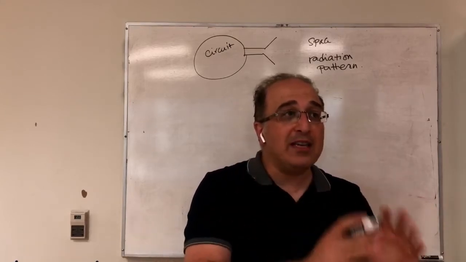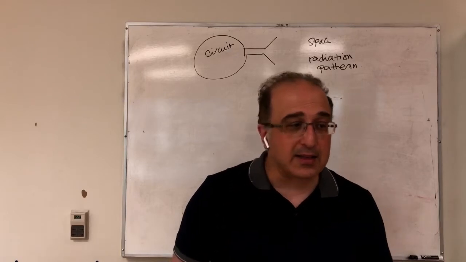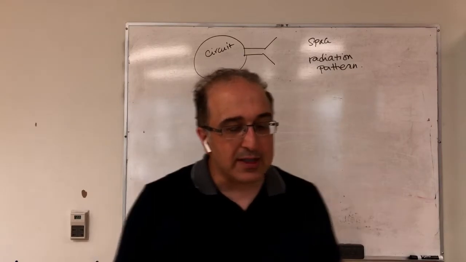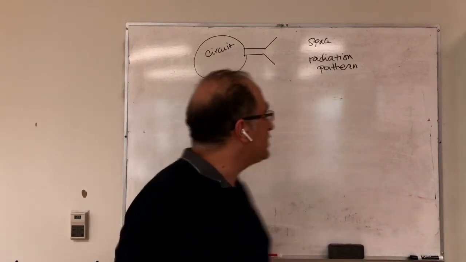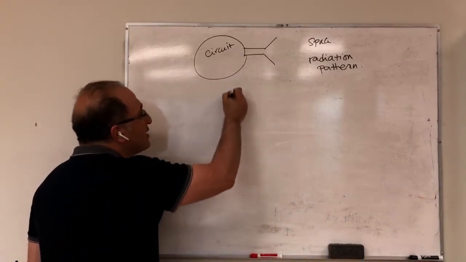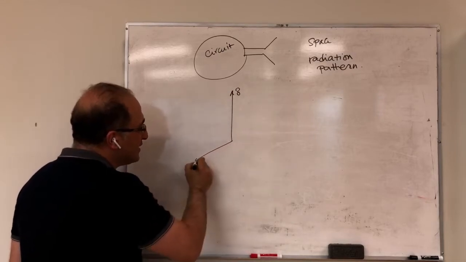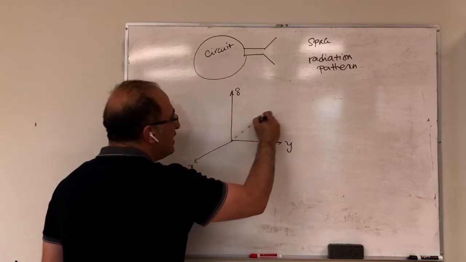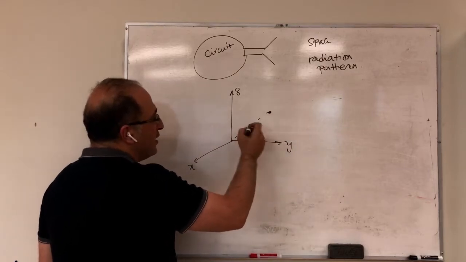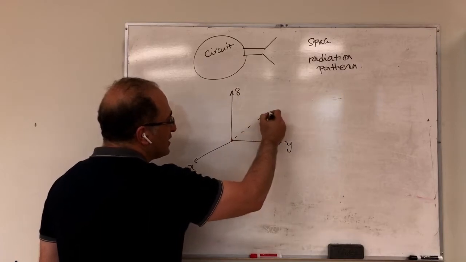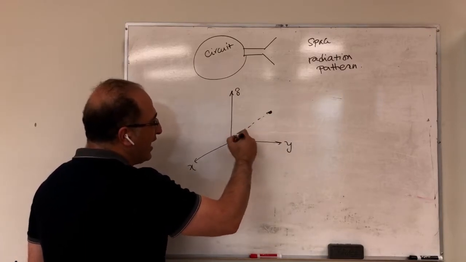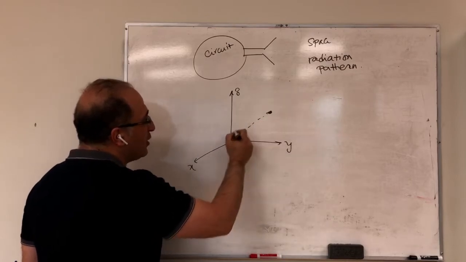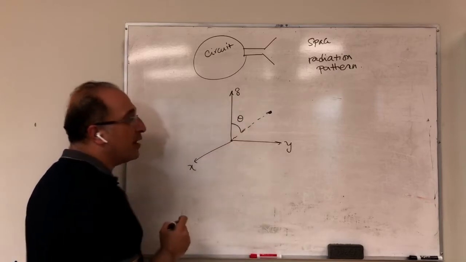So before going deeper into the radiation pattern, let's understand spherical coordinates. Let's assume that this is the z-axis, this is the x-axis, and this is y. If I consider any point in space and connect it to the origin, the angle between this connection and the z-axis is my theta angle.